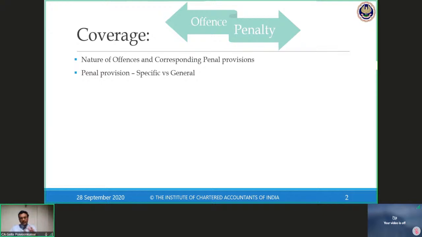When we walk through the session, we will understand whether these penal provisions are specific in nature or general in nature. Also, one point I would like to add here: when we talk about a violation or a penalty, can this be applied only to a person registered under the GST law, or can there be a scope beyond a registered person under the GST law? This is one interesting factor.